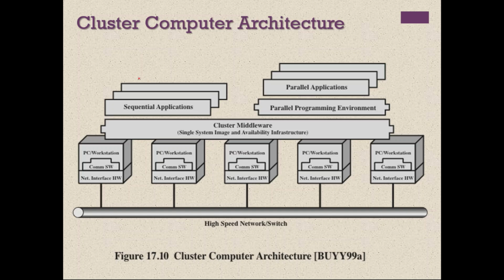So this is the cluster computer architecture. Here you can see all these are individual standalone computers. Each one is a separate PC or computer, and all these computers are connected to a high-speed network or switch. On top of this, there is cluster middleware.